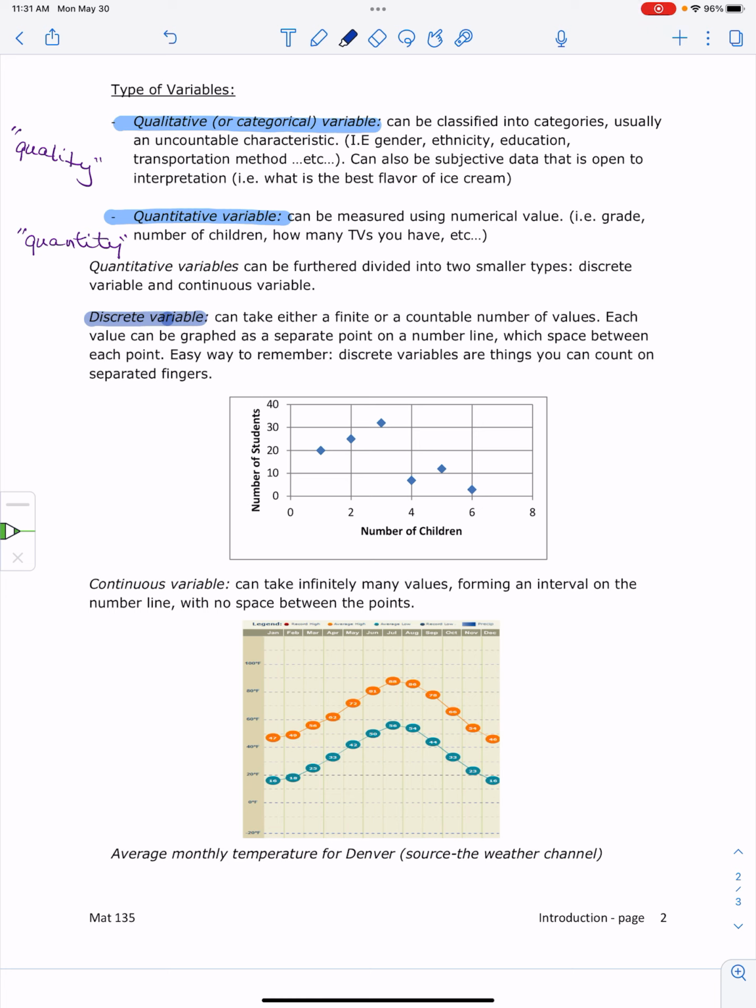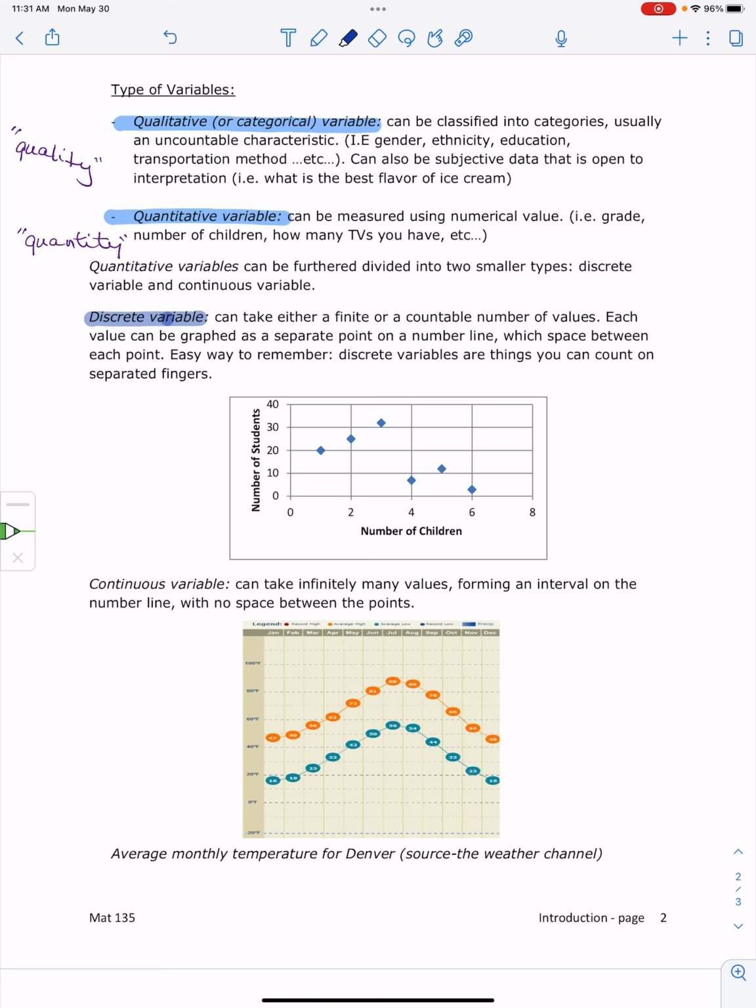If you take a look at the graph here, we are looking at number of children and number of students. So we're starting with number of children, and we're taking a look at how many students have that many children.